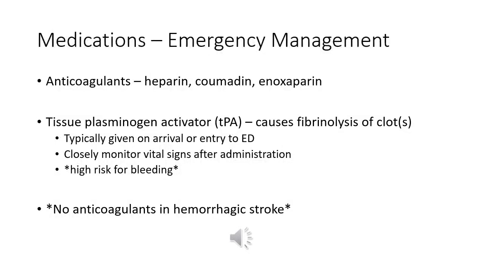It's also sometimes used to break up clots that may have formed in intravenous lines, so central lines. Not always, but in some hospitals they will use very small, very low dosages and concentrations. So don't confuse the two, obviously. But yeah, that's the only other instance that you might see TPA used.